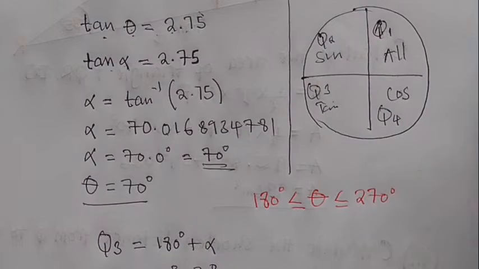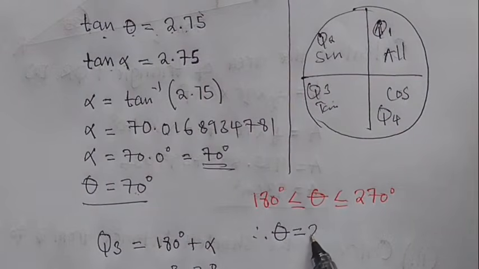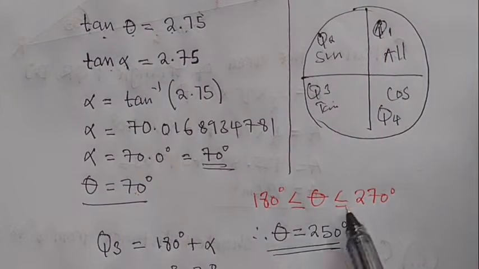Meaning that if you get an angle which is below this 180, you should not consider it because the range is starting from 180. So in the first quadrant, the angle is 70. So this angle should not be included. So I'm just going to say, therefore, theta is equal to 250 degrees because this angle is lying along this range. Okay, so we have answered this question.